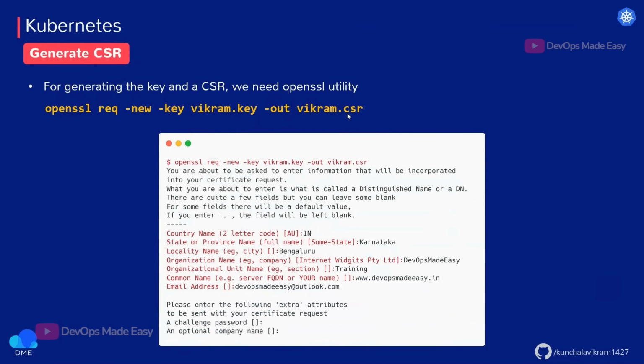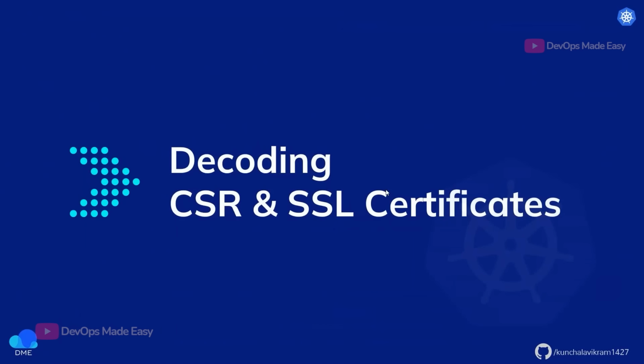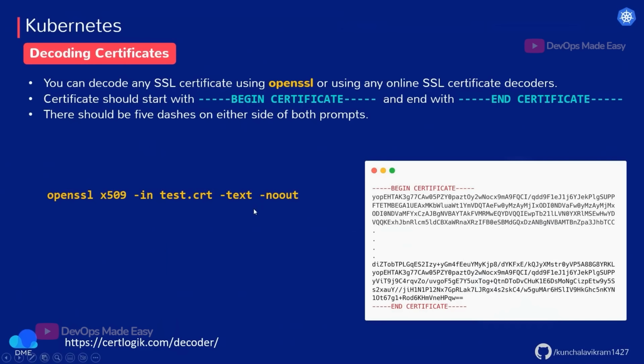You need to send it to the CA. The CA will give you the certificate. Now you will have the key and whatever certificate the CA sends back to you. Okay, clear? And also I'll show you how to decode a certificate and how to decode a certificate signing request.